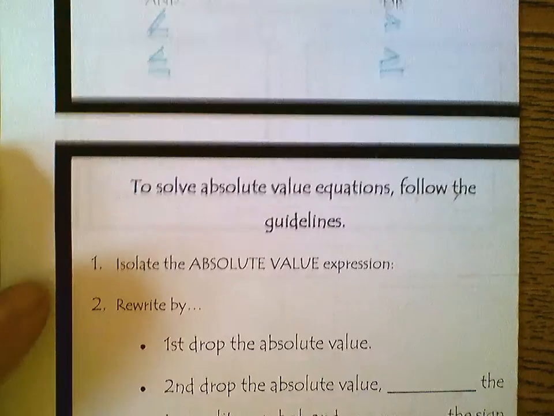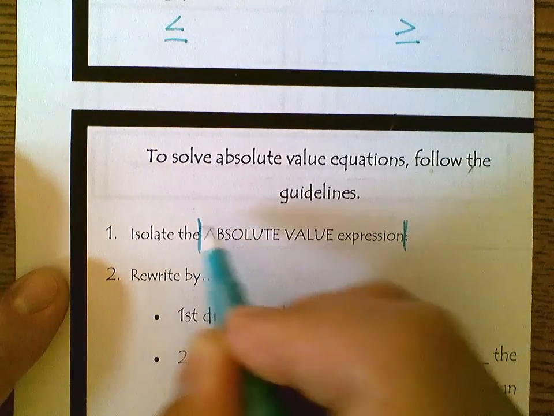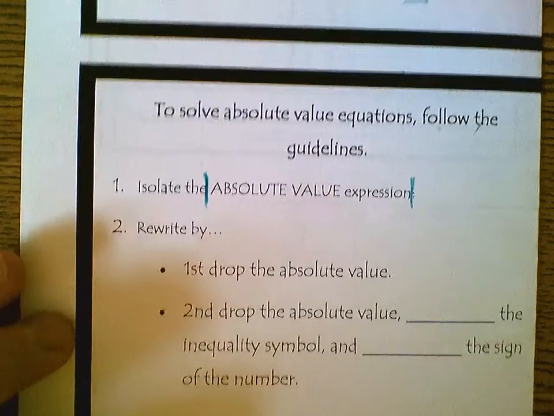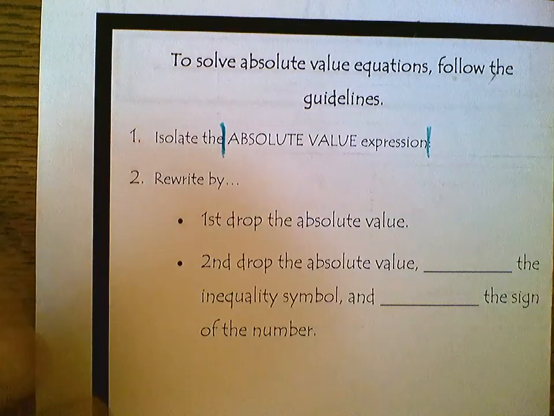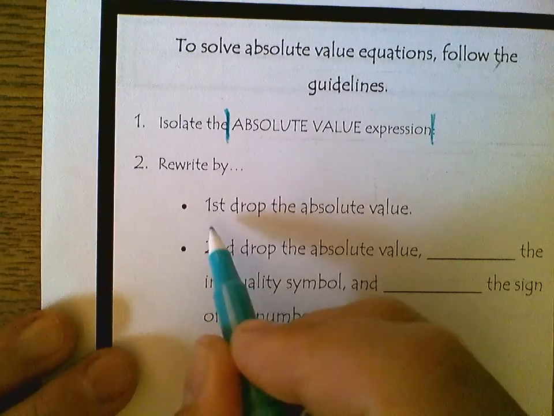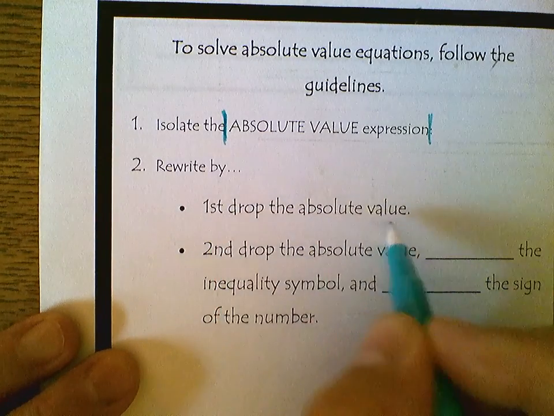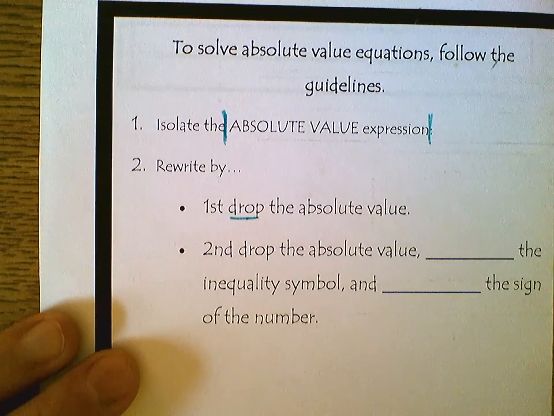The steps are to isolate the absolute value expression, just like we did with equations. And then we have to write our two inequalities. So the first step, or to write the first inequality, you basically just rewrite the inequality and drop the absolute value bars.